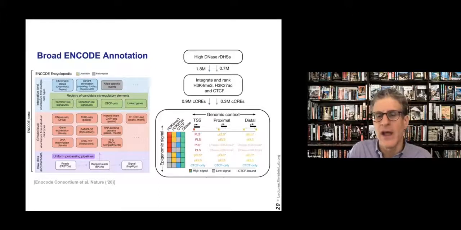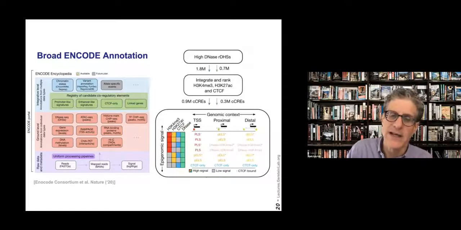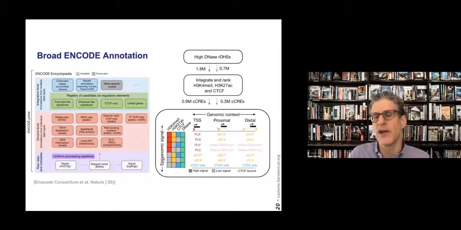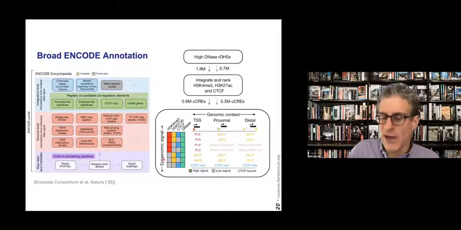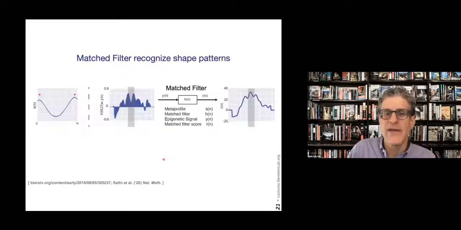You look at an element in the genome and ask, is there a signal in this histone mark, and also CTCF, yes or no, or maybe there's only signal from one histone mark, and so forth. On a very simple level, you can imagine just overlapping things, which is a very reasonable thing to do. And then there are somewhat more sophisticated ways, where you could also look at the signal shape.